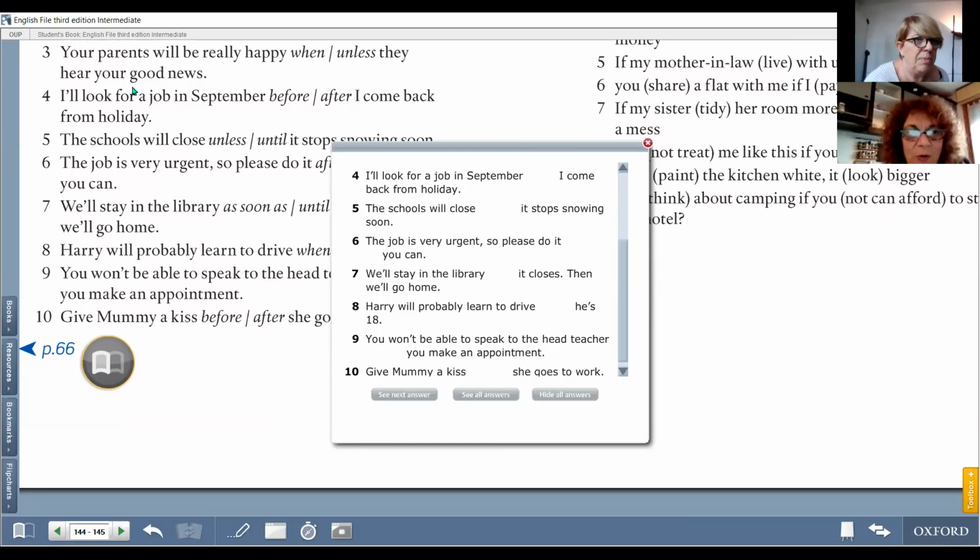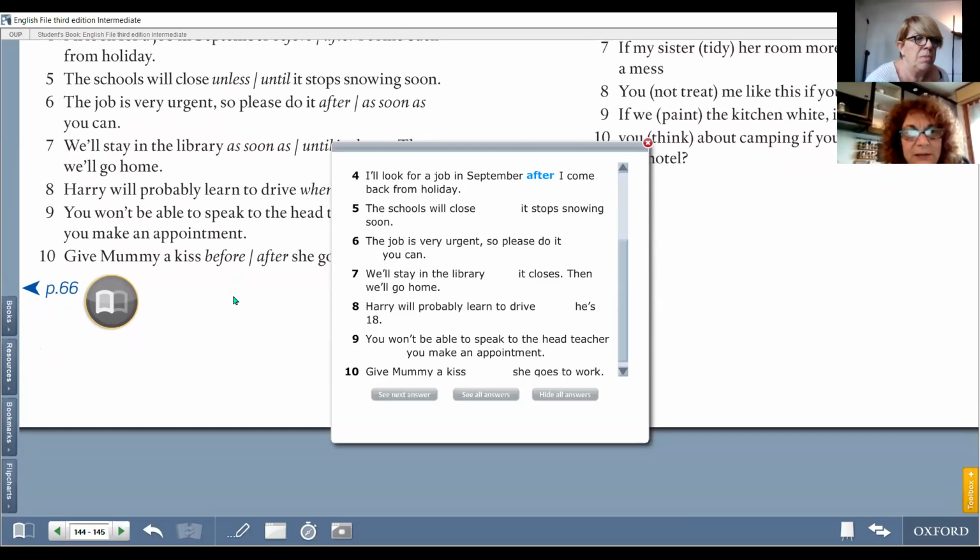Allora, I look for a job in September after I come back from holiday. Of course. The schools will close unless it stops snowing soon.